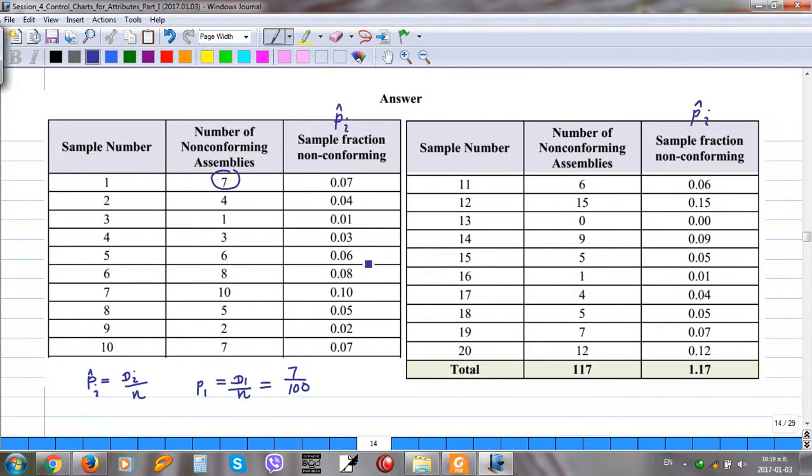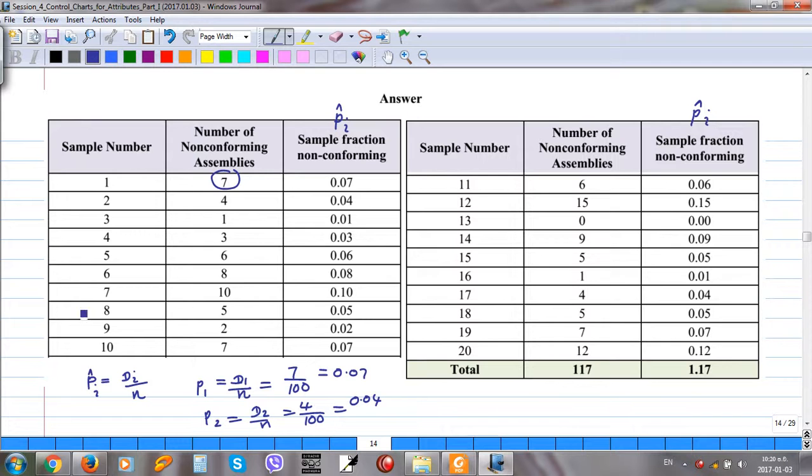Then we find 0.07, this is the value. And p2 is d2 over n, d2 is 4 over 100, that is 0.04.